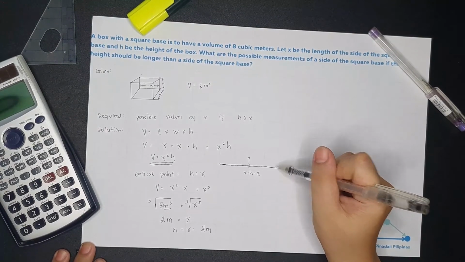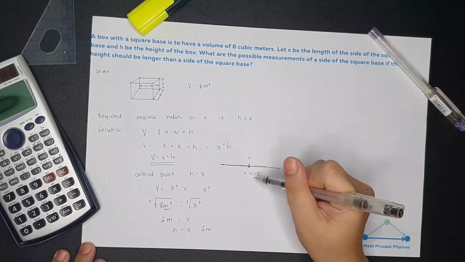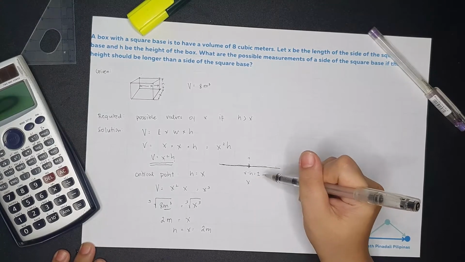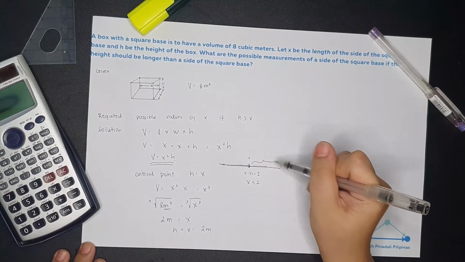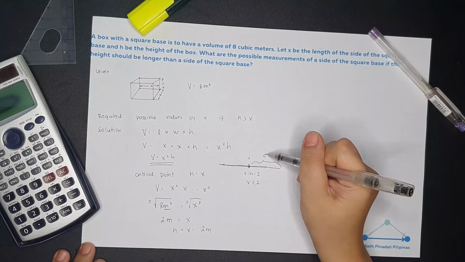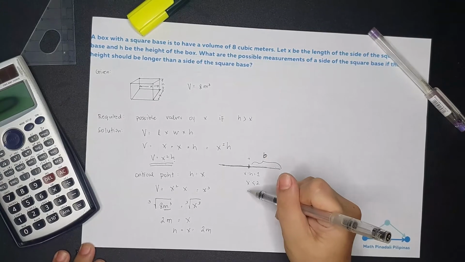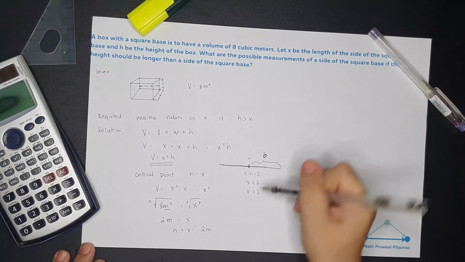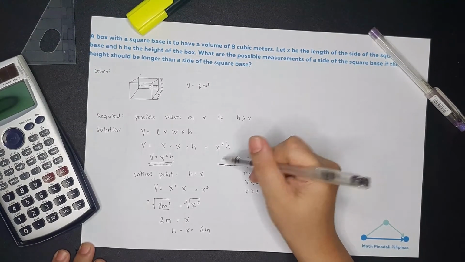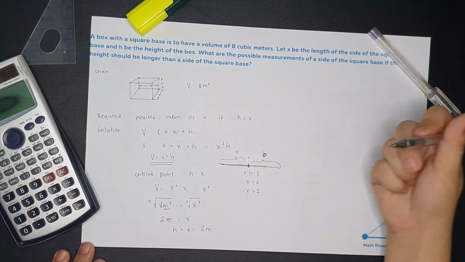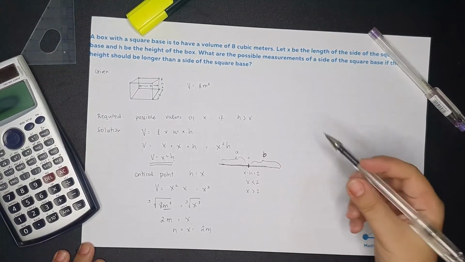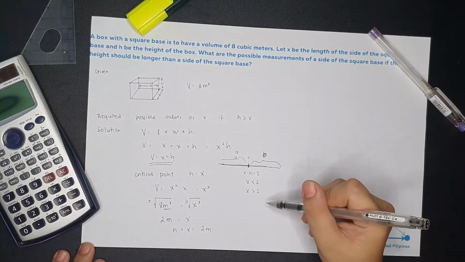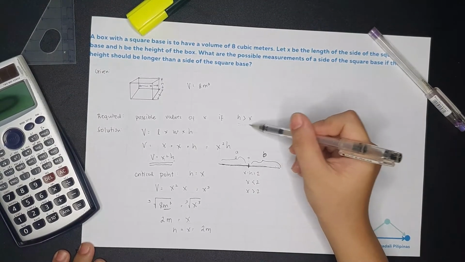We have two options. If x should be less than 2, so this is it, let's take this as option B. Or x is greater than 2, let's take this as option A. A on the left, B on the right. So, which will satisfy this requirement?